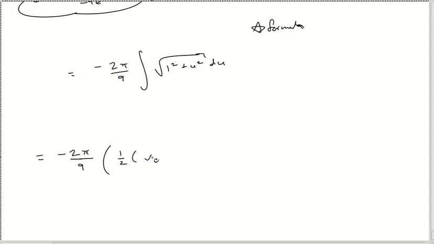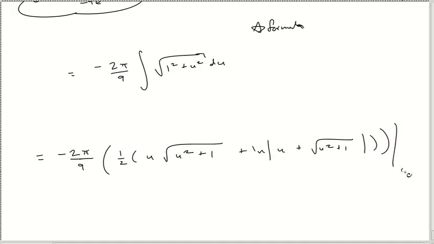So I think I'm just going to piece the puzzle together here. Hopefully I get it right there. I'll give you the answer, and you'll at least be able to decode that a little bit there. My u squared plus 1 plus ln of u plus, and then I got my u squared plus 1. Something like that from 0 to infinity.